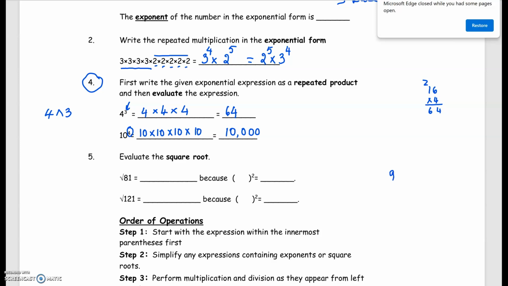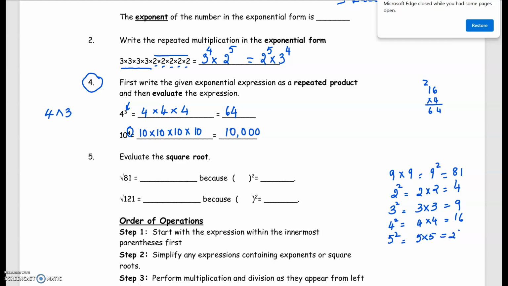So if I go 9 times 9, this is 9 squared. 9 squared is 81. 9 times 9 is 81. 2 squared is 2 times 2, and that is equal to 4. 3 squared, 3 times 3 is 9. 4 squared is 4 times 4, and that's 16. 5 squared, and that is 5 times 5, and that is 25.